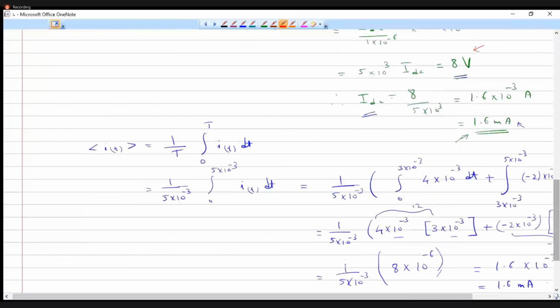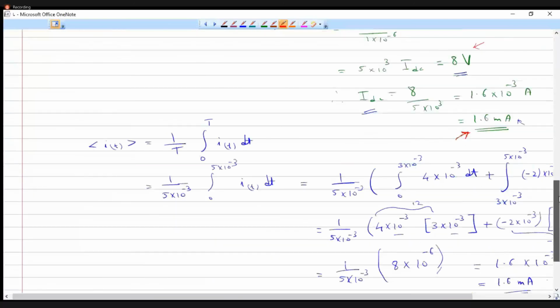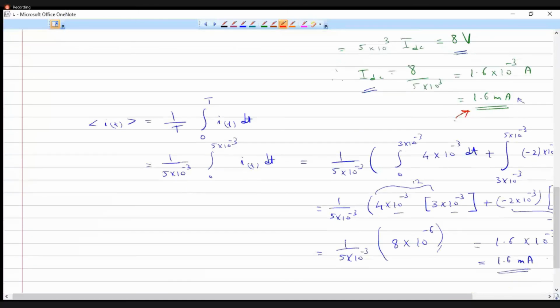The constant current through the capacitor, IDC, should bring it to the same voltage of 8 volt, and this DC current is equal to the average value of the current function that we have already seen.